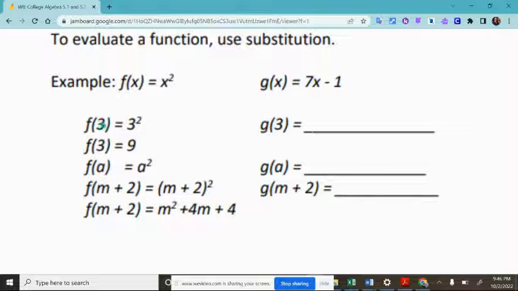As a quick reminder, f of 3 is going to be 3 squared, right? Which is 9. F of a is going to be a squared, right? If I plug in anything in here, we're just going to square whatever that anything is, right? If I'm plugging in n plus 2, this function says take that and square it.